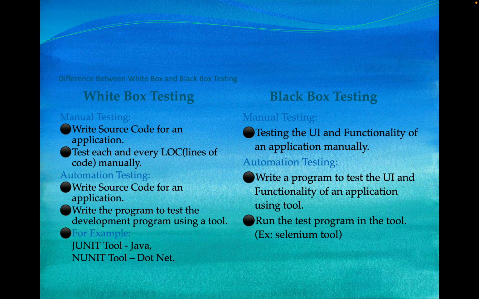The different methods are: statement coverage executes all statements at least once. Decision coverage executes each decision direction at least once. Condition coverage executes each and every condition in the program with all possible outcomes at least once.